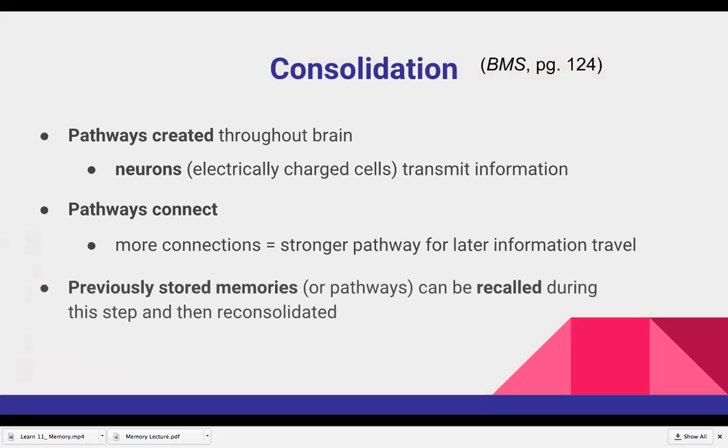Also, during the consolidation process, just like I was saying with Apple, if we've previously learned what Apple is, that means we're going to pull it up out of the memory bank because it was already stored in our long-term memory banks. And we're going to pull that up so that a new piece of information can connect to it.